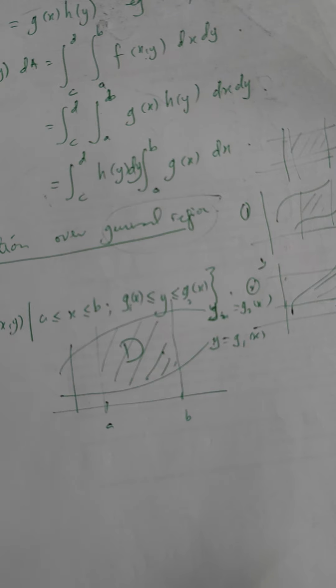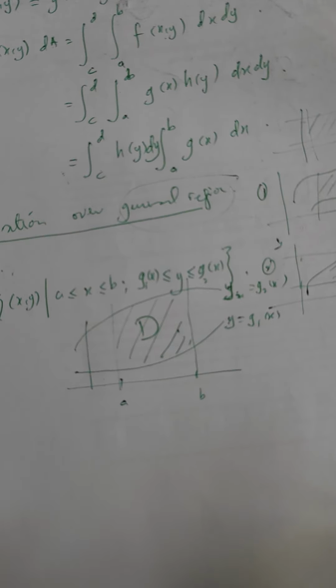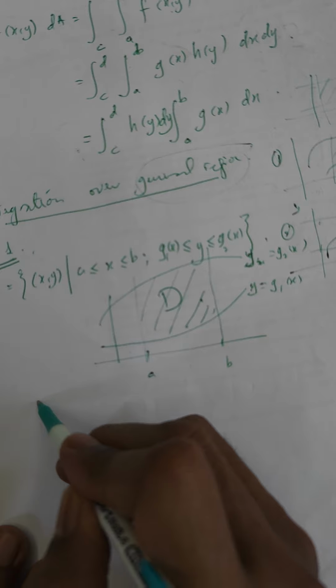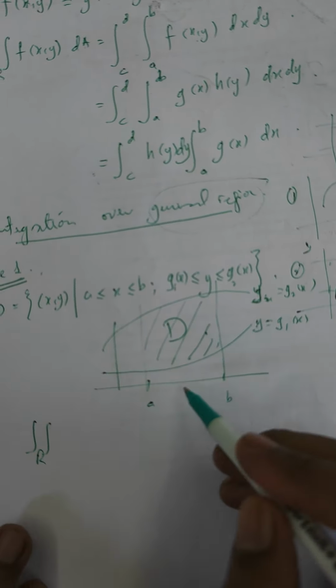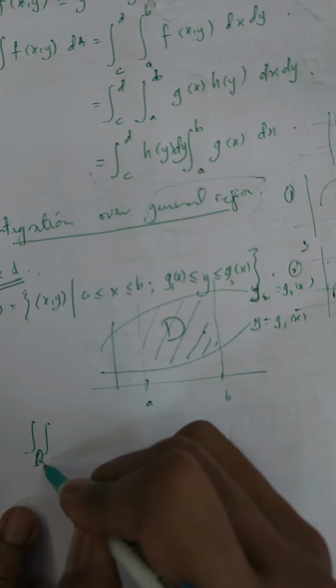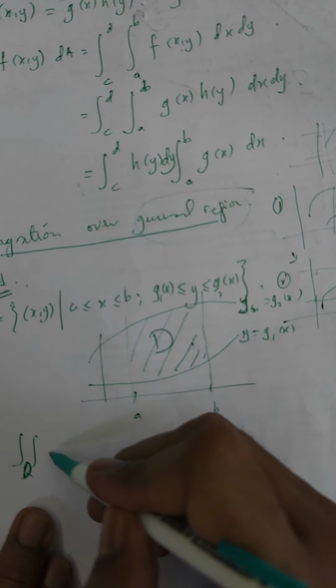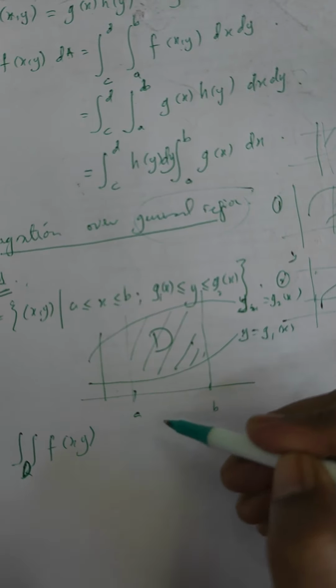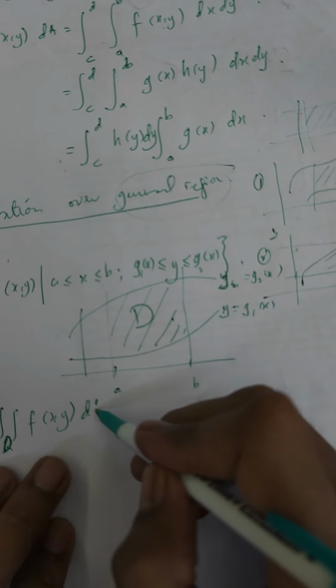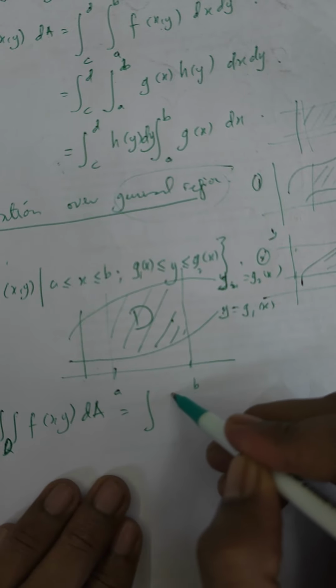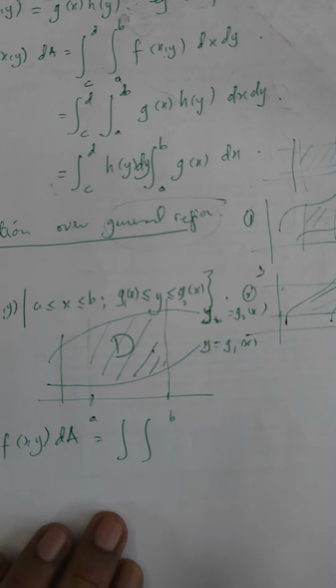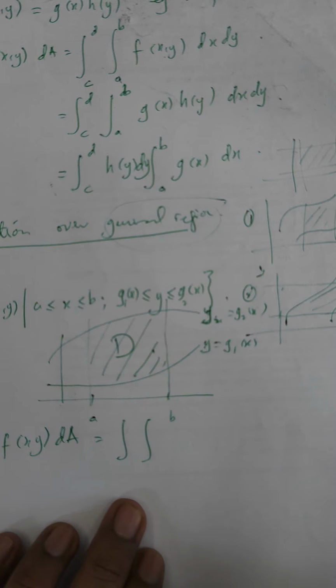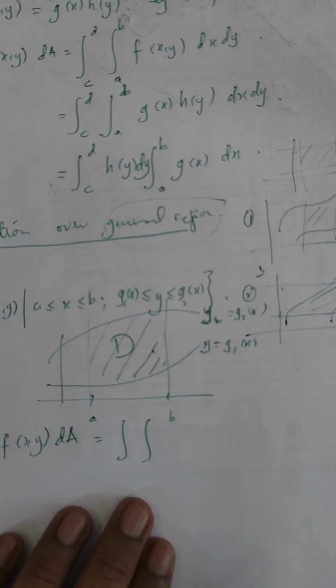So our double integral over D, no R anymore, D, of f(x,y) dA, we integrate. Okay, this is crucial. The choice of which one becomes the inner integral and which one the outer integral is crucial, because if you choose wrongly, that gives you a wrong answer.